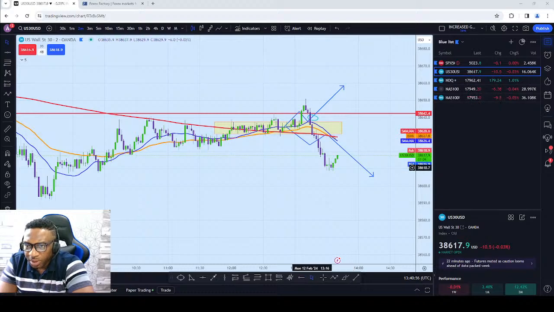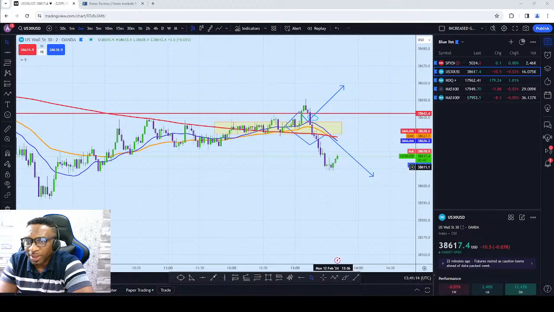So we can see price is currently below the moving average. So it's a time that we just ignore these green candles unless it breaks above the blue moving average.